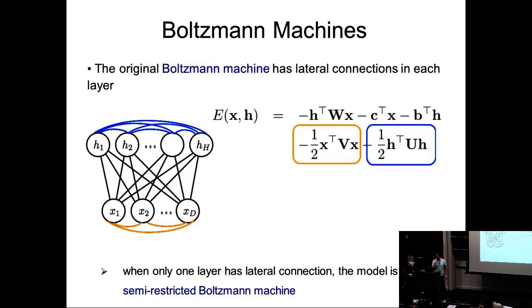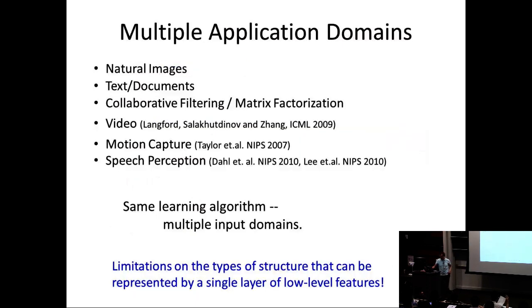You're just adding these 2 additional terms, right? And when only one layer has lateral connections, the model is called a semi-restricted Boltzmann machine. Right? So for example, there's been some work modeling lateral connections in the observed data, but not lateral connections in the hidden states. So you can model more accurately the covariance structure in the data. And obviously you can use the same learning algorithms, the same learning rules to train these models.